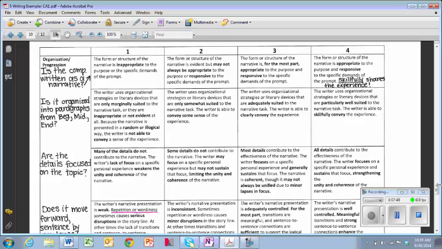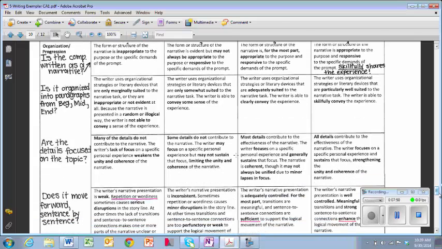The next part of organization has to do with the details being focused on topic. So you'll see the basic question, are the details focused on the topic? So for this narrative, remember the prompt is that they tell about a skill they have and how that has helped them achieve something.